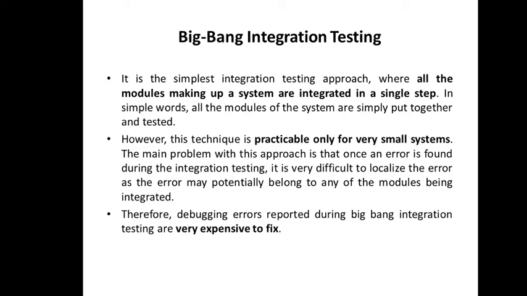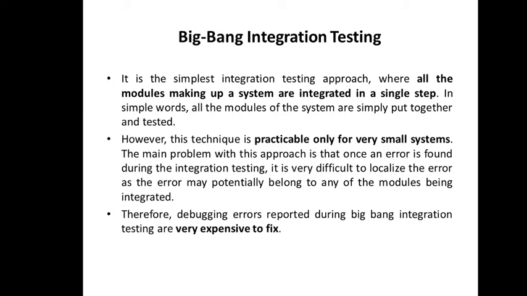But the problem associated with this is that when you integrate all the modules together and say some error is there, then you need to identify which interface is in error. M1 was broken down into M2 and M3, so there is an interface. M2 was further decomposed into M4 and M5, and they too have an interface between them, right? So let's say 4 interfaces were there.